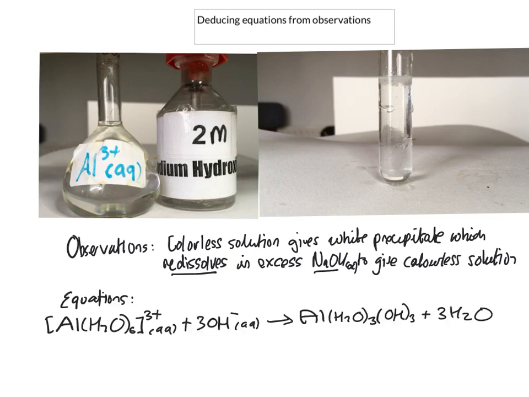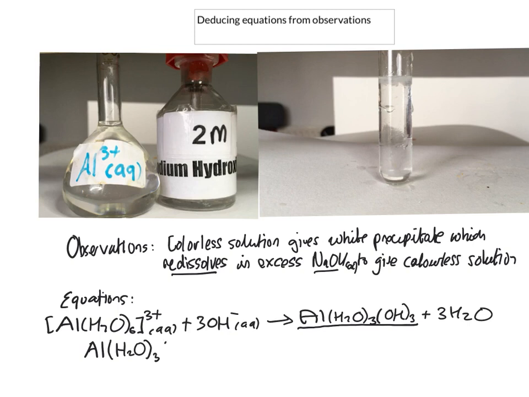So the first equation, which gave the precipitate of aluminium hydroxide, is a simple acid-base reaction. But then, because the aluminium ion is so polarizing, the aluminium hydroxide then behaves as an acid, and it loses yet another proton from one of these waters.